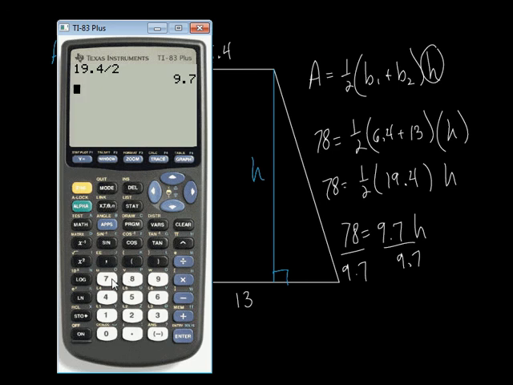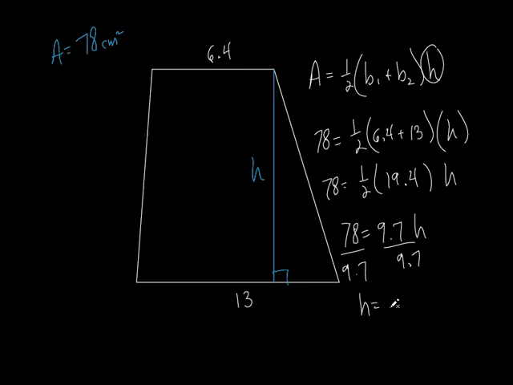So what is it? 78 divided by 9.7, and it's 8.04, but just 8.0, right? So h is 8.0. It's centimeters because that area was centimeters squared, and that's the height right there. That's how tall that thing is.